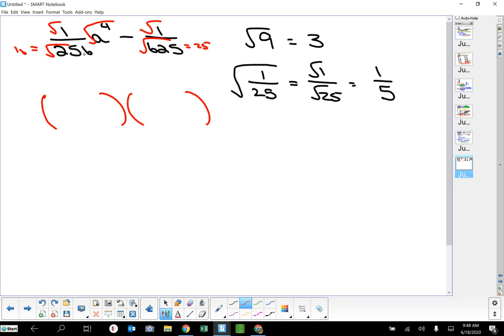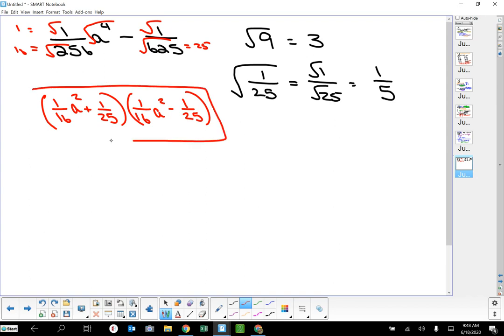I'm going to take the root of 1 over 256. Well, the root of 1 is 1. And so I get 1 over 16. The root of a to the fourth is a squared. And the root of 1 over 625 is 1 over 25. And then I have 1 over 16 a to the second minus 1 over 25. Okay? And that's the answer to that guy.